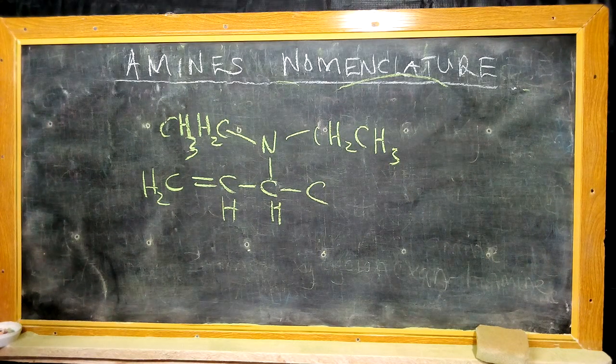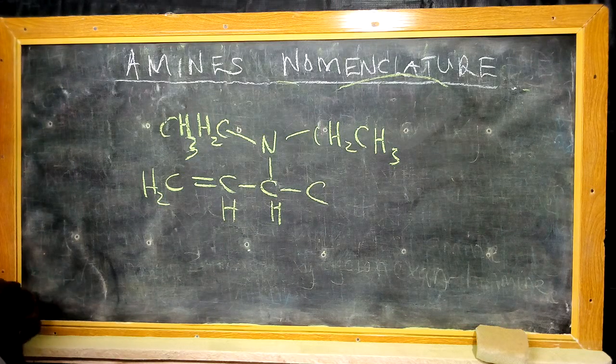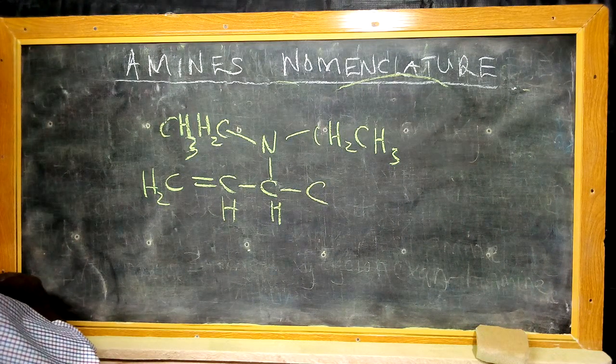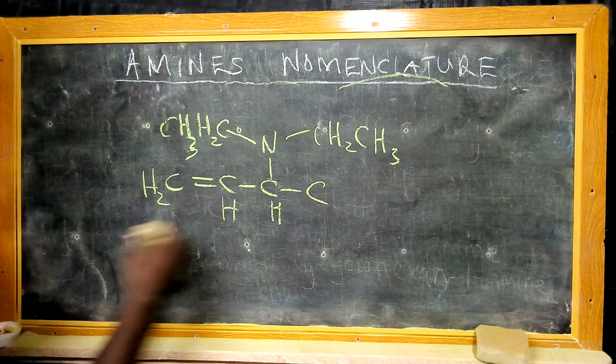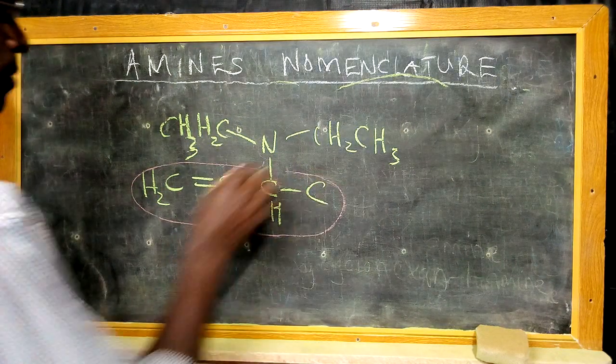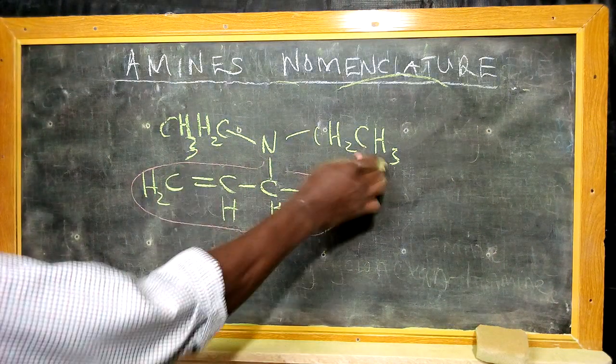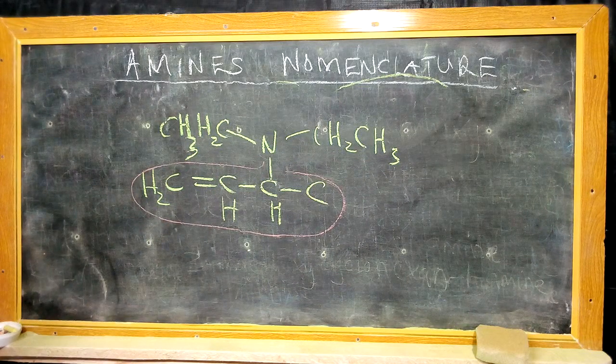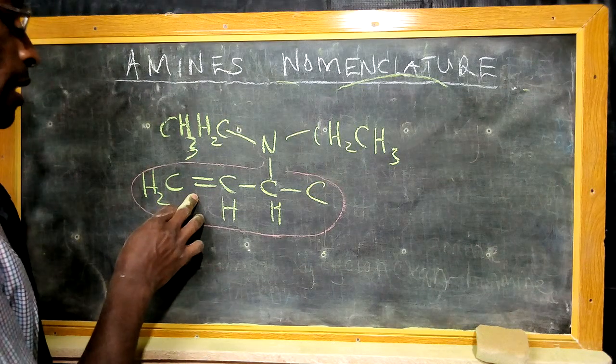So from that case, we can look at this particular amine, and as we said, the parent name is derived from the substituent that has got the largest number of carbons. So for this case, we shall have this one. These are 2 carbons, 4 carbons. So it shall come from this particular point. And the second point to note is that there's a double bond here.